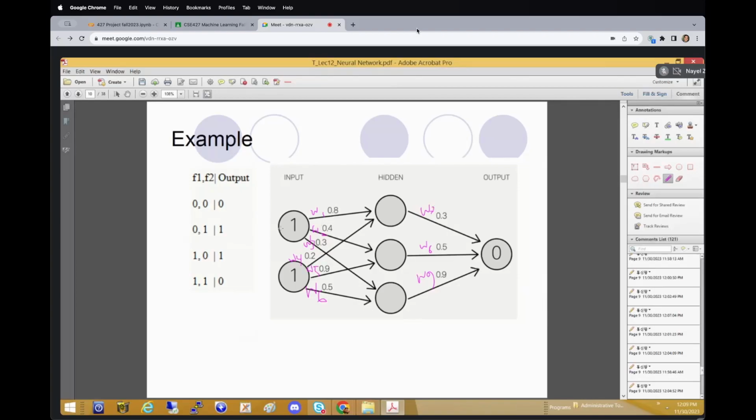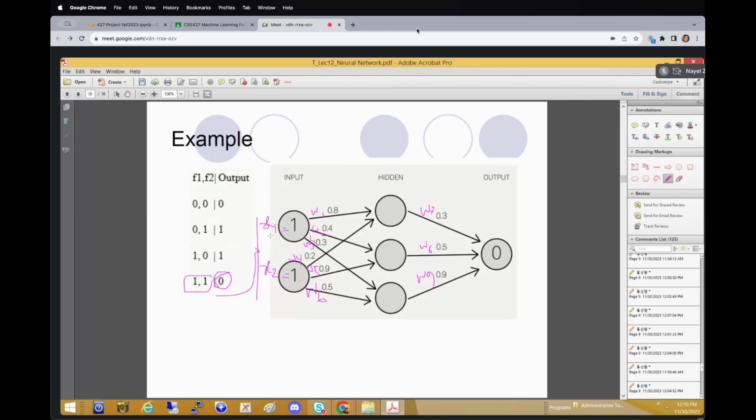Now, let's say we have inputs x1 equal 1 and x2 equal 1, for instance number 4. The target, or our original expectation, is 0.